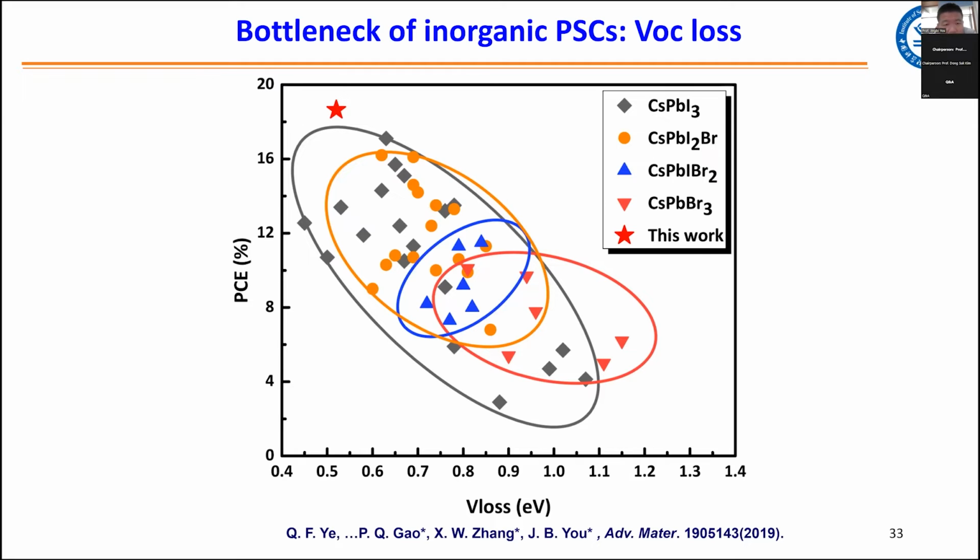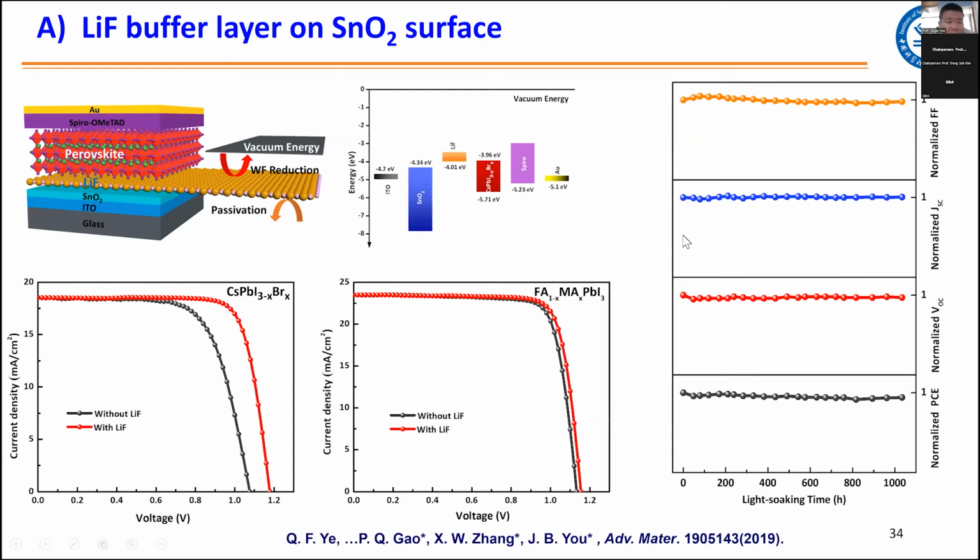In the inorganic perovskite, there is serious recombination. Maybe one reason is that it is a wider band gap material. If the band gap is wider, the deep defects may form more easily. So this is the problem we should avoid. How can we reduce the recombination at the interface and also in the bulk?